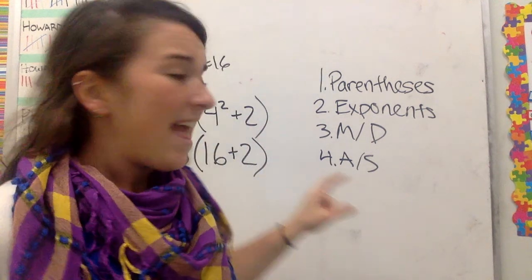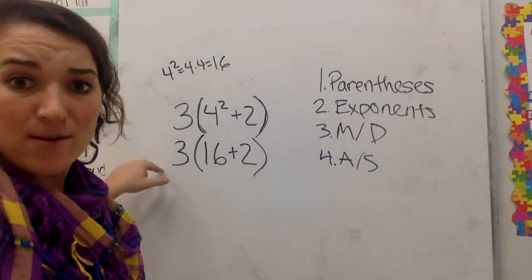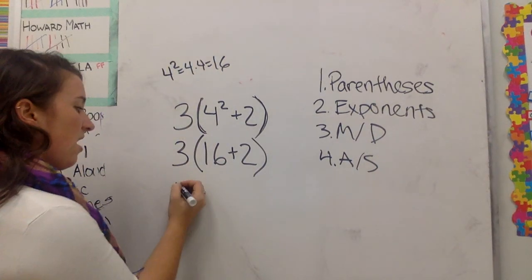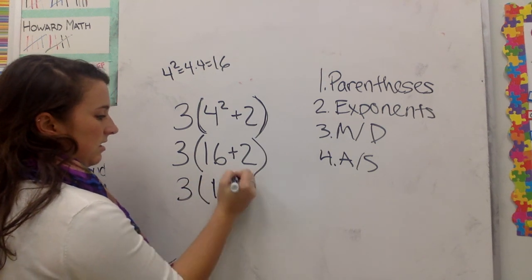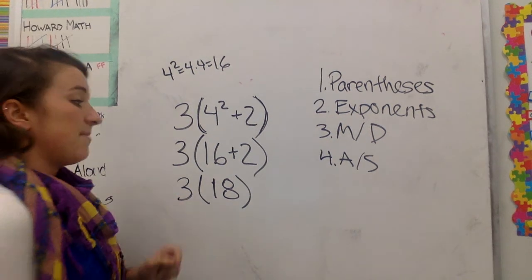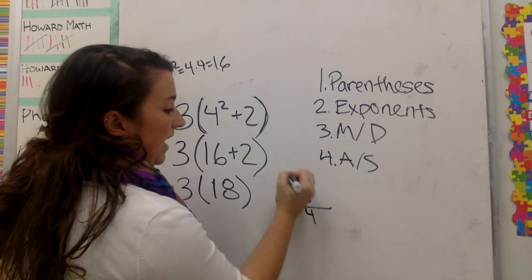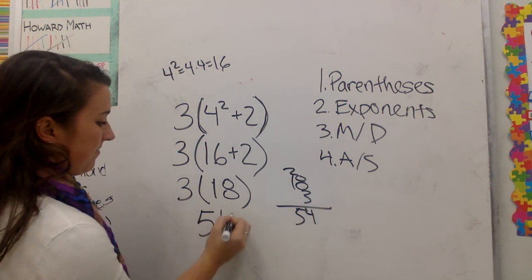We have to do everything in these parentheses before we can bother ourselves with anything outside. So I'll rewrite what's in parentheses. So I have 3 times 18. 3 times 18 I'll do on the side here is our final step, which is 4, carry the 2, 5. So the answer is 54.